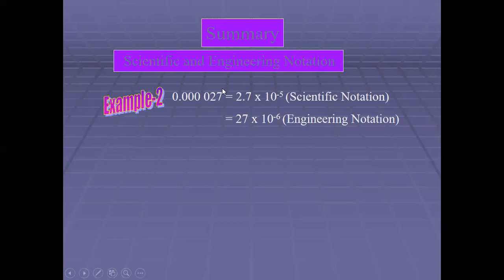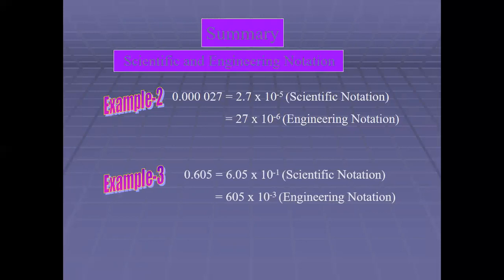Whereas for engineering notation, 270 multiplication 10 to the power -6. This is the engineering notation. So let us see another example. 0.605. In scientific notation, we can write 6.05 multiplication 10 to the power -1. This should be within 1 to 9, cannot be more than that. But in engineering notation, we can write 605 into 10 to the power -3.